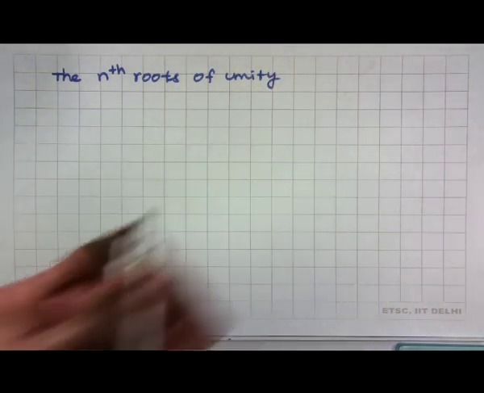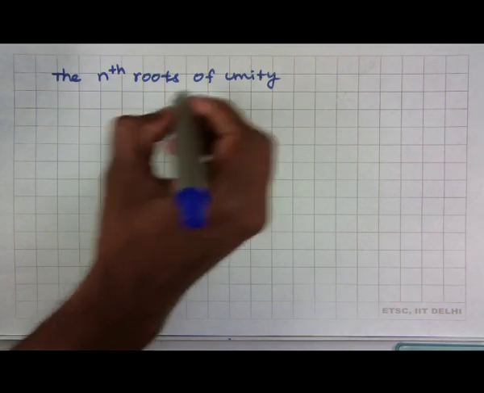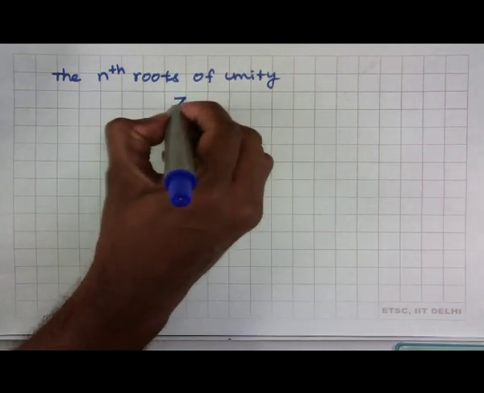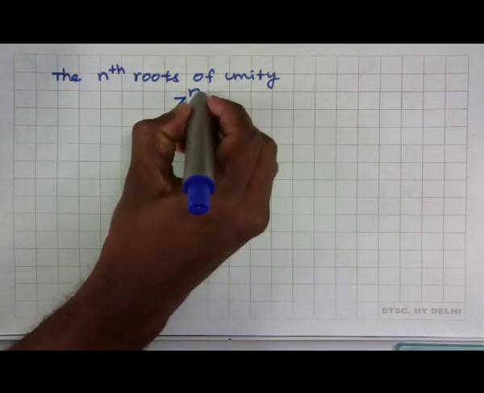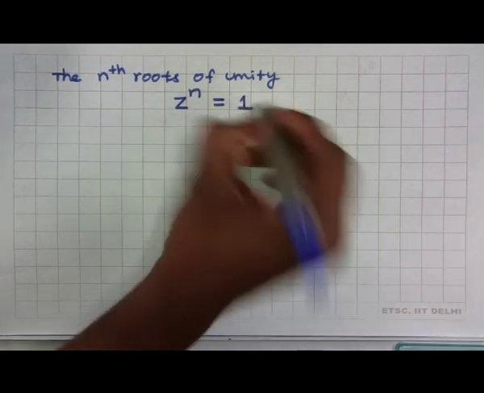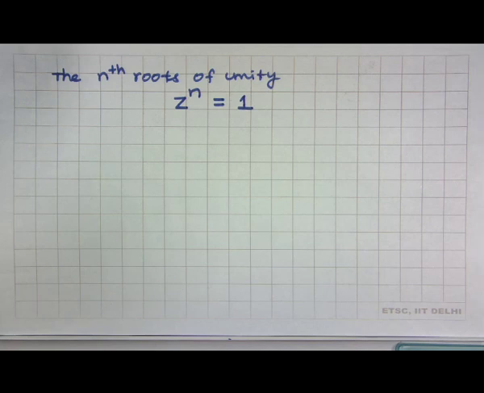So what is the question here? We look for complex numbers whose power raised by n gives 1. So we are going to ask what are all the complex numbers whose power n gives value 1. Such complex numbers are called nth roots of unity.